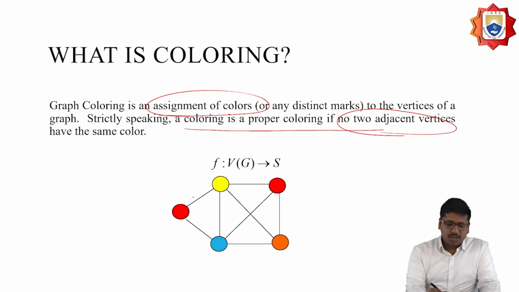If I take the first one as red, and similarly mark the next one as red, then two adjacent vertices would coincide. That's why I'm not doing that.